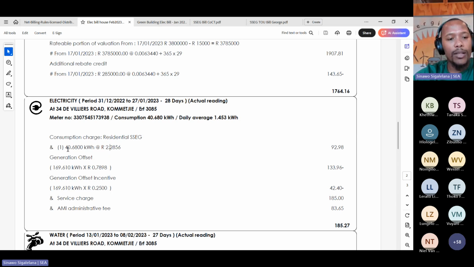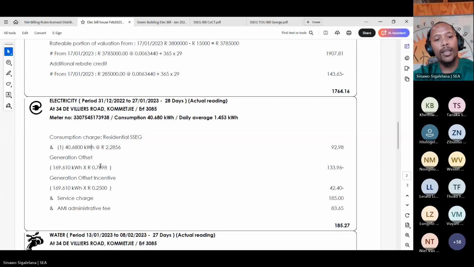This customer of ours consumed about 40.68 kilowatt hours in that month, and the rate was R2.28. So in totality, that bill was 92.98.